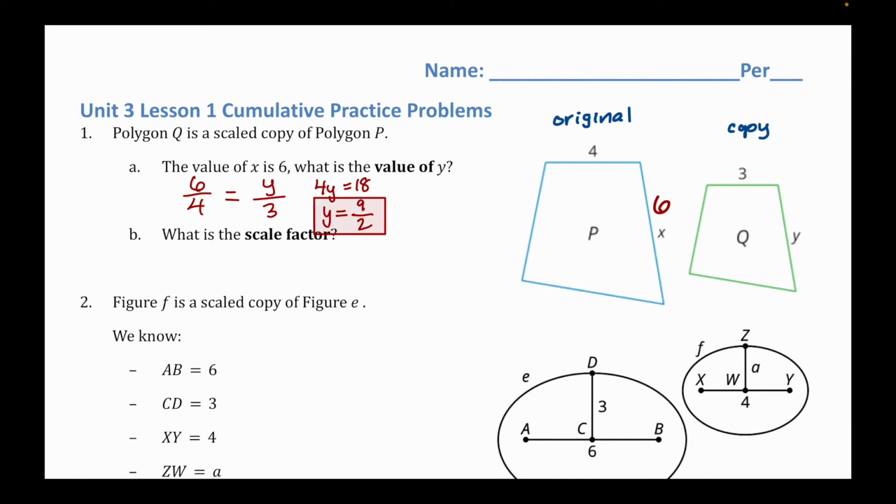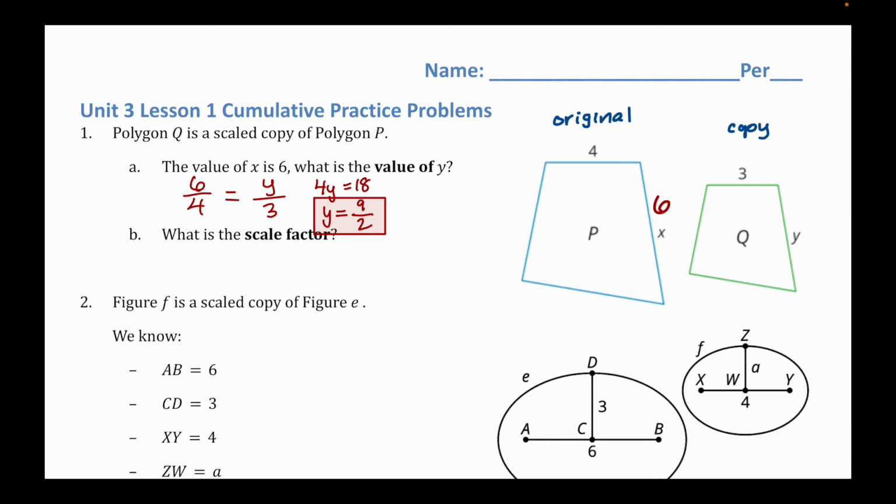Now, they're asking us what is the scale factor, and the scale factor is a little bit different here. It's asking, what would we multiply this by? And so we're going to use values that they already gave us. That's going to be our 4 and our 3. So it's important to remember that the scale factor can be bigger than 1 or smaller than 1. And if our copy here is a smaller shape, then our scale factor should be smaller than 1.